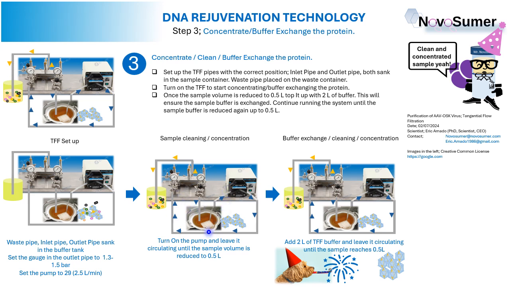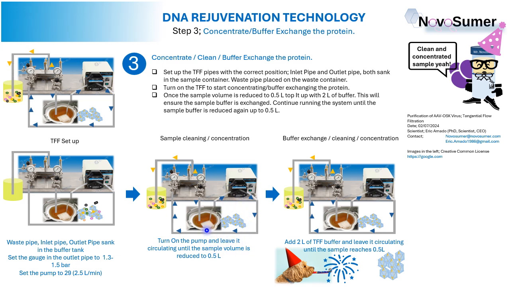So we leave the system circulating until you have less sample, until all the volume is reduced up to 0.5 liters. So you leave it circulating until the sample is clean.